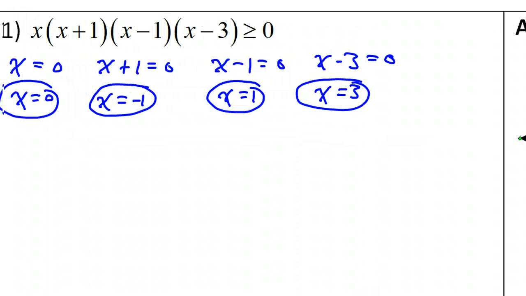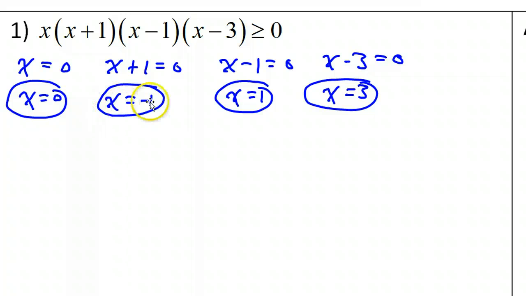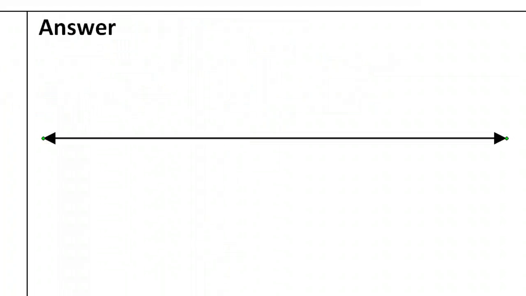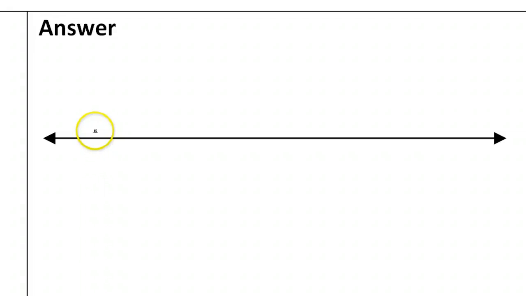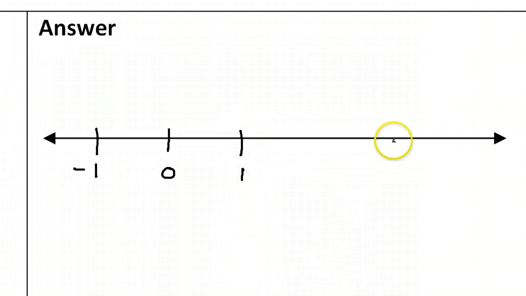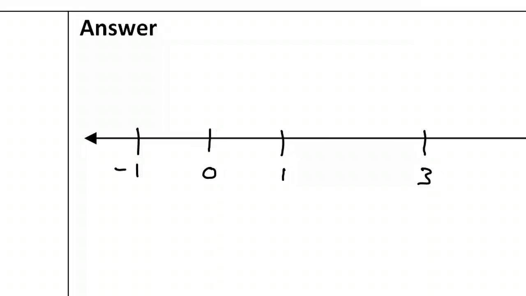But so far I've got these x-intercepts. In order it would be -1, 0, 1, and 3. So let me put those on the graph now. Okay, so I've got -1, 0, +1, and 3. Is that right? Yep, those are my zeros.